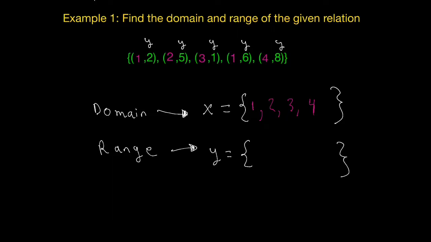Again, we write them from least to greatest, so we have to be a little bit careful here. 1 is my smallest value in this set as well. Then the second smallest is this 2 right here. Then 5, 6, and then 8. So that would be my range.